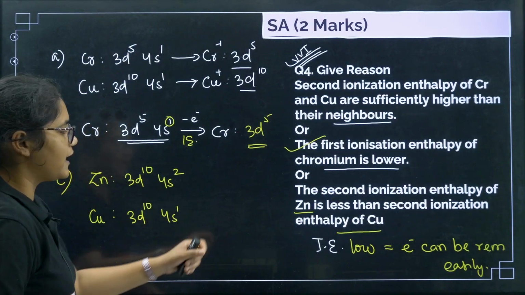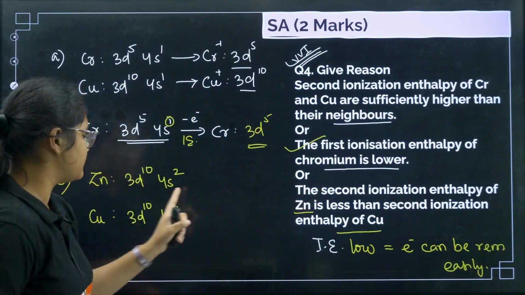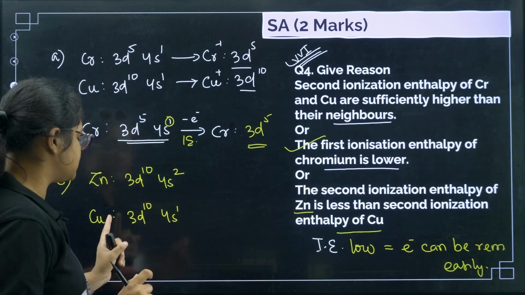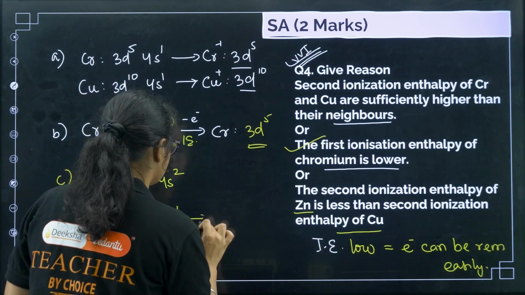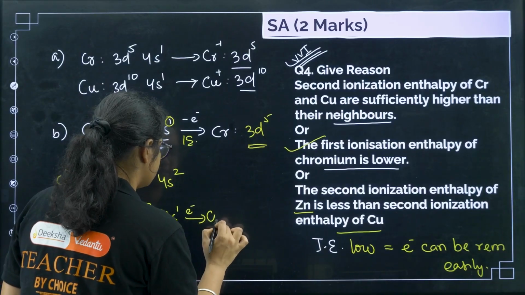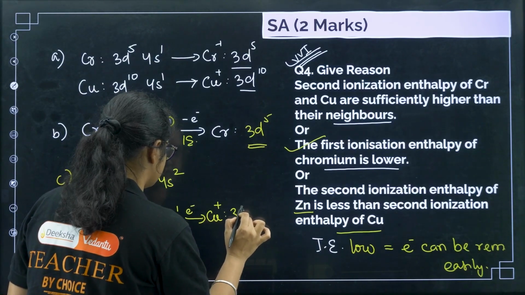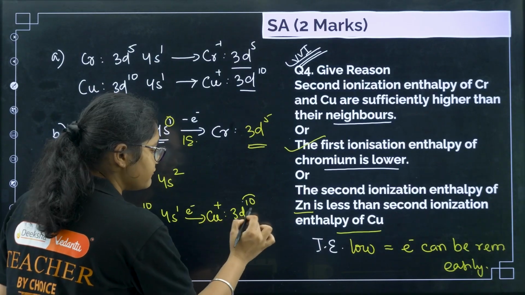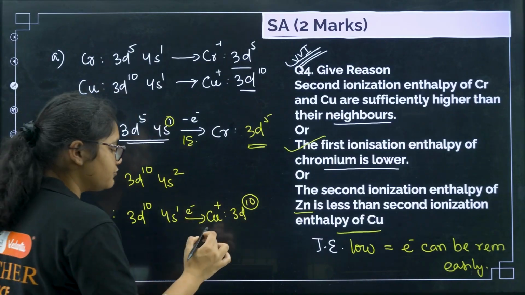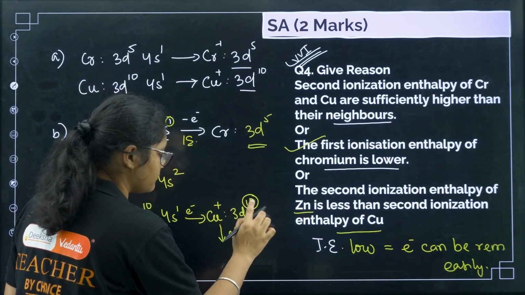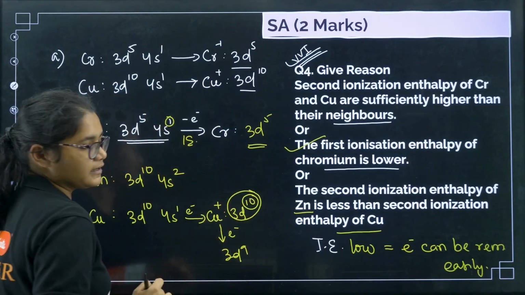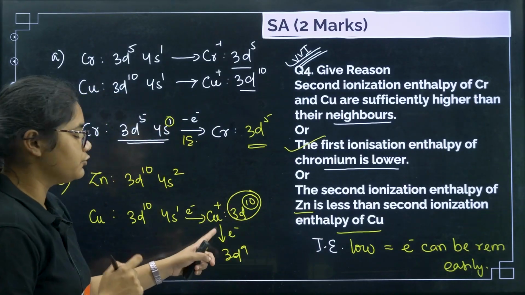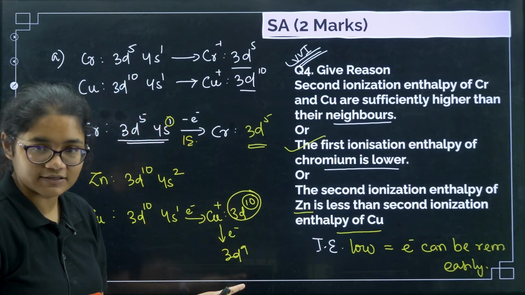If you remove one electron from copper, you get Cu+, whose configuration is 3d10, a very stable configuration. Now if you want to remove another electron from here, that is 3d9, you are disturbing this stable state. So that is why you will require much more energy.